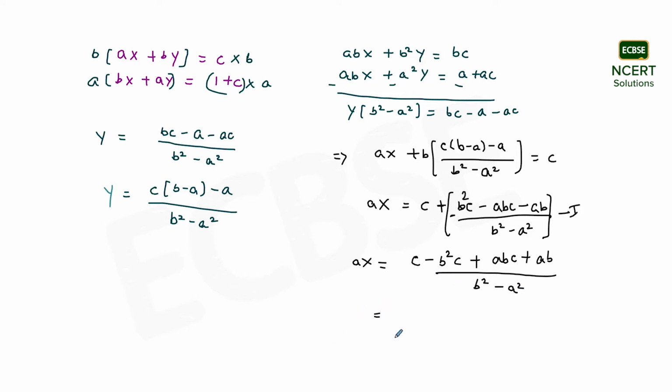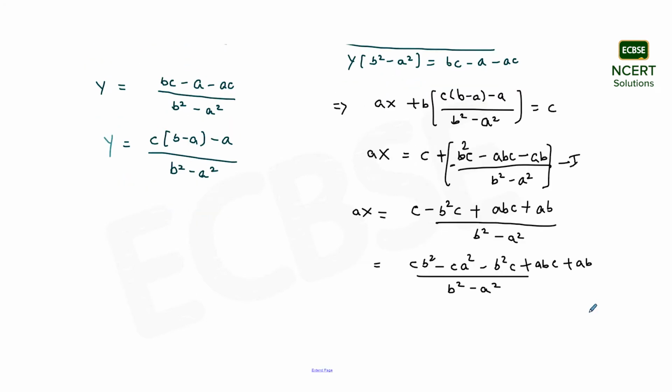Now taking the LCM, in the denominator it will be b square minus a square, and the numerator will be c into b square minus a square. Simplifying it, it will be c into b square minus c into a square minus b square c plus abc plus ab. Now if I have any term cancelling out in the numerator, I'll be cancelling it. So b square c will cancel out.